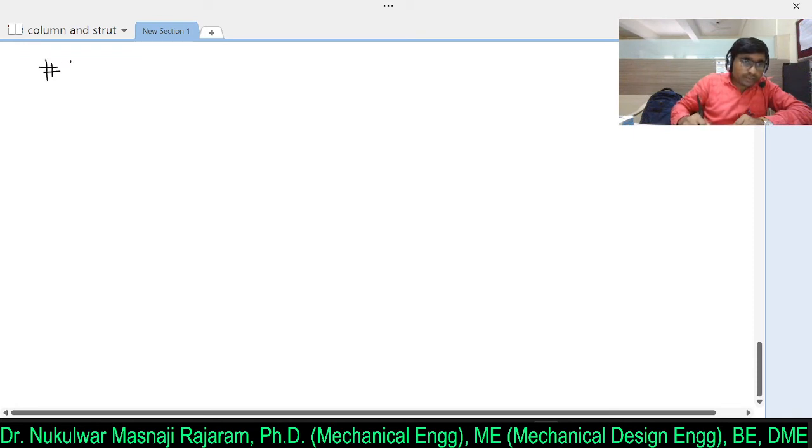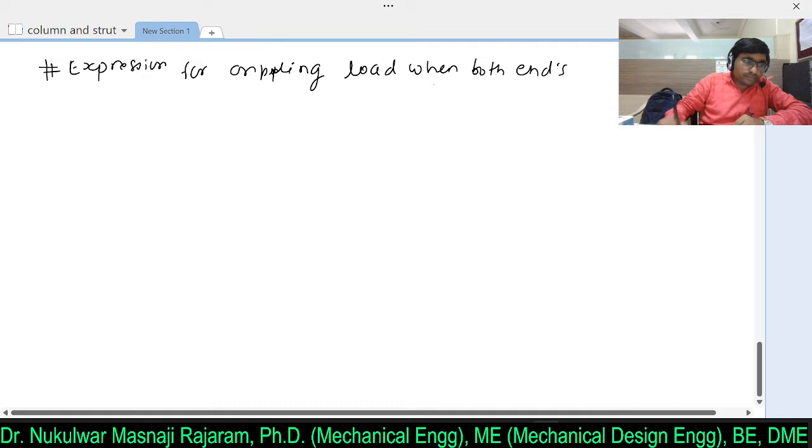So I will write the expression for crippling load when both ends of the column are hinged, or we can say pinned.